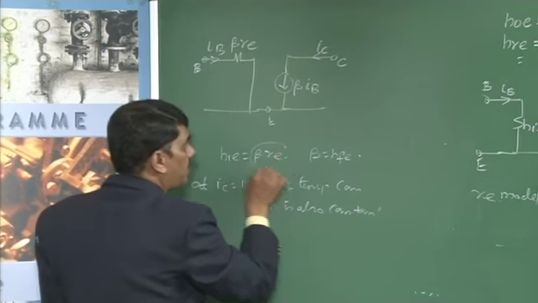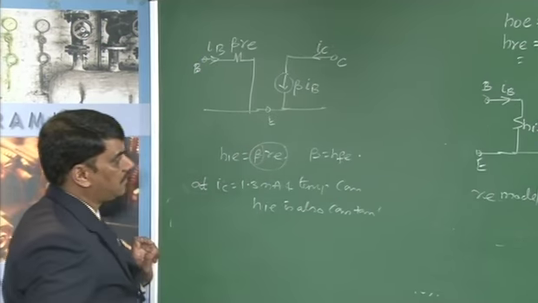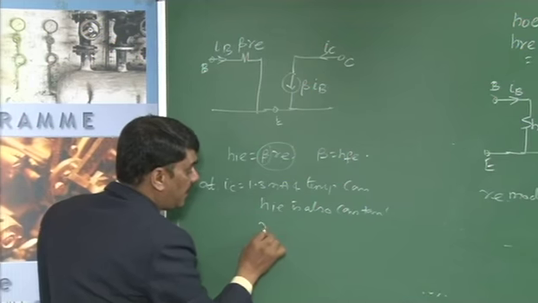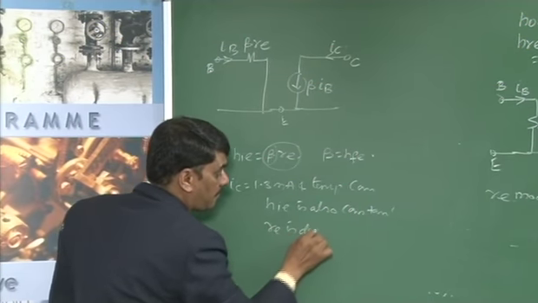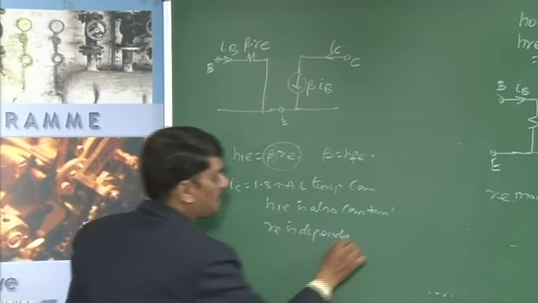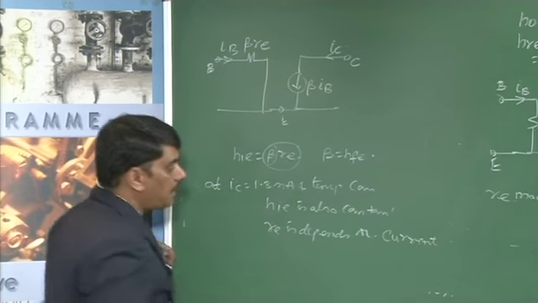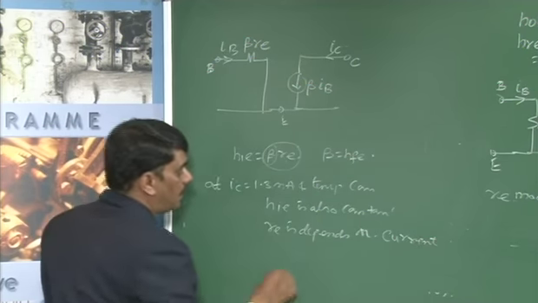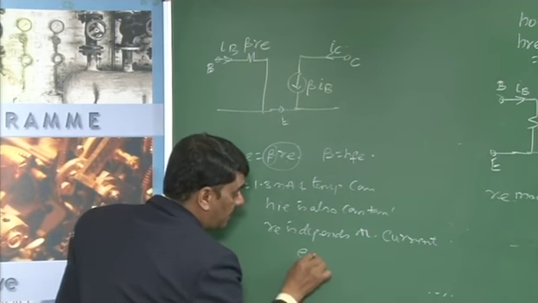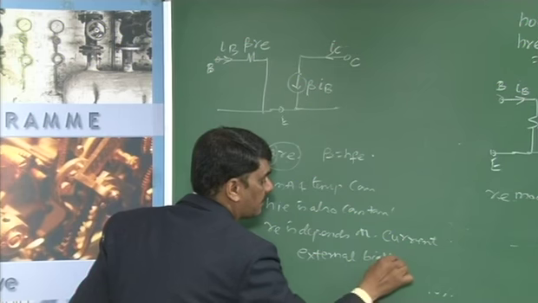What about this beta times RE? If the temperature is constant, beta is also constant, but RE depends on the transistor current flowing through the circuit, and also depends on the external biasing resistance.